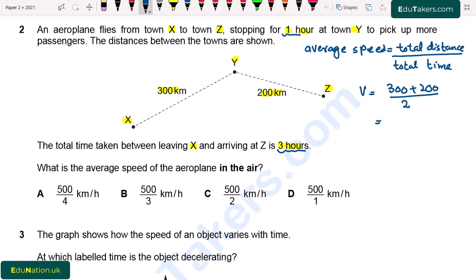It will be 500 divided by 2, where the unit of distance is kilometer and the unit of time is hour. So 500 over 2 kilometer per hour. From here option C is correct.